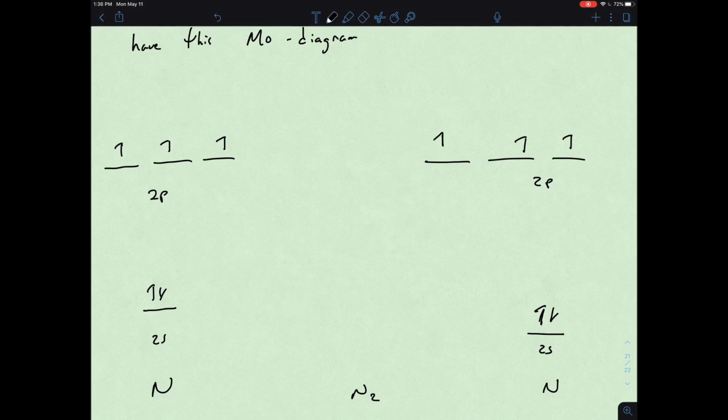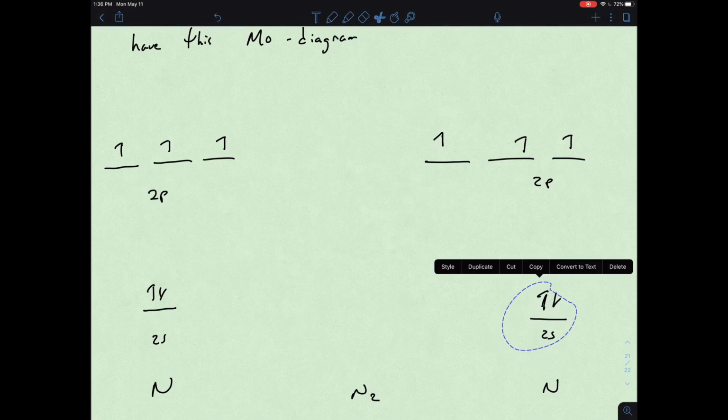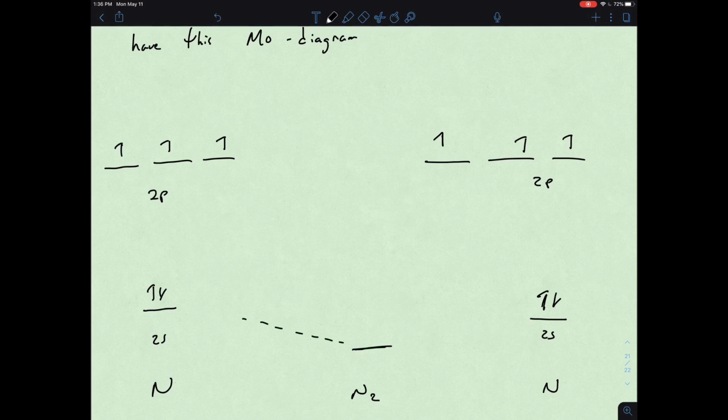The s portion is the easiest. It's the one that's always going to look the same. So here we have a lowering of energy, and then a raising of energy. We have our sigma bonding, and we can be specific now of this being 2s.